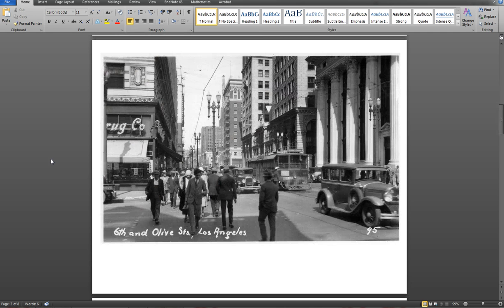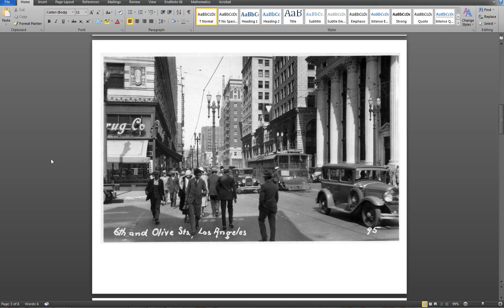The next image, again, you're just looking for what's the content of the image. What are you seeing? What information is there? This is a street, a city street. Based on the cars, you might guess of a certain age or period.